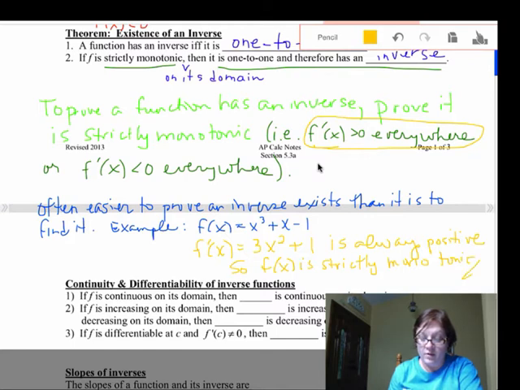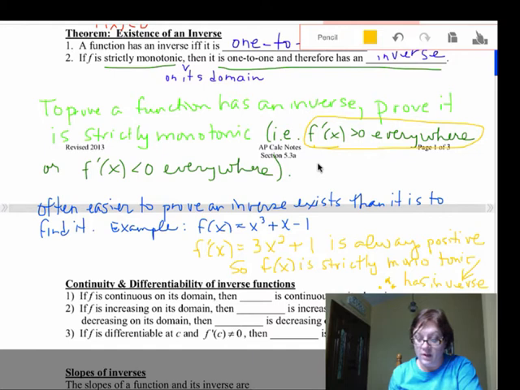And if it's strictly monotonic, then it has an inverse, even though I can't necessarily find it, or at least definitely not easily. So therefore it has an inverse.